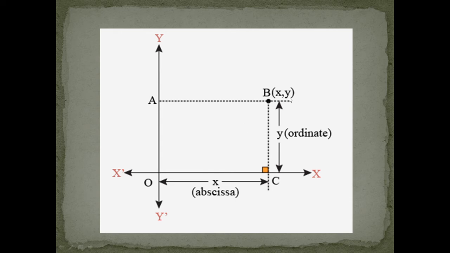For example, (2, 3). This is one important bit. It lies 3 units distance from the x-axis, and it lies 2 units distance from the y-axis. That is the concept I would like to tell you.